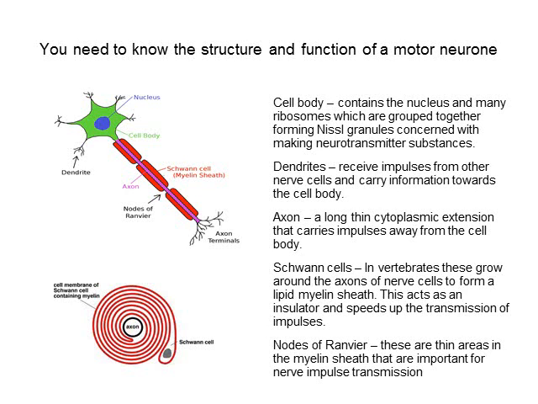These are responsible for manufacturing the chemicals called neurotransmitter substances, which carry the impulse from one nerve cell to another. We'll look at these later when we look at synapses.